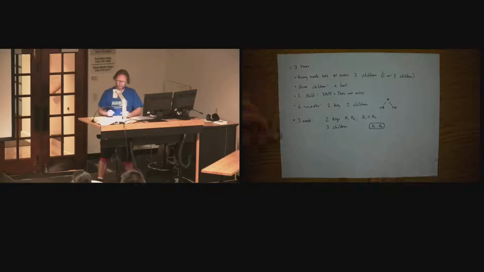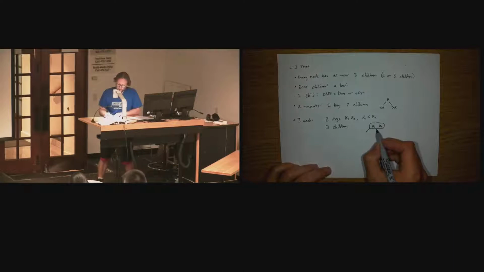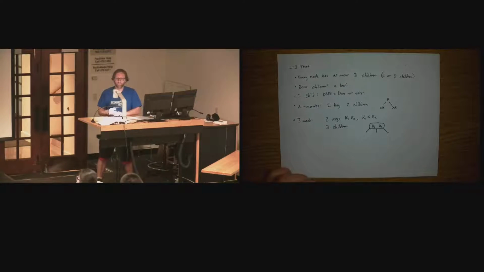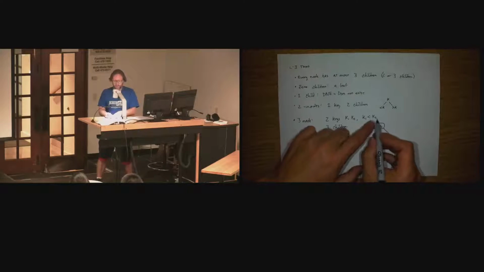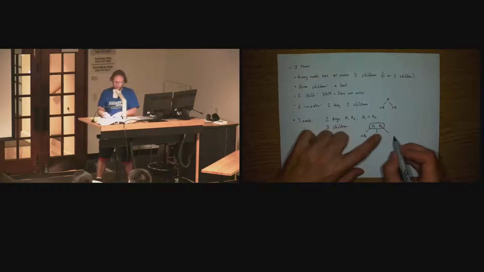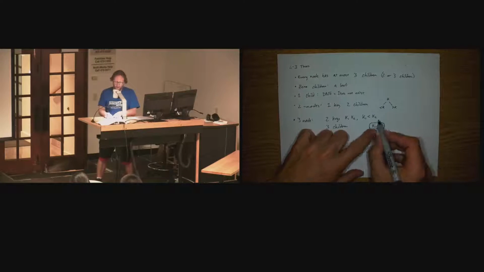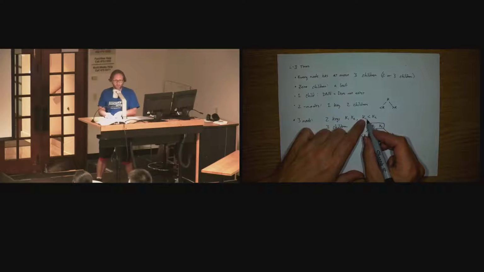K1 and K2. Well, if it has 3 children, then tell me about the relative ordering of each one of these keys. Everything over here in the left child is going to be less than K1, and by transitivity, of course, less than K2. Everything over here in the right subtree is going to be greater than K2, and again, by transitivity, greater than K1.